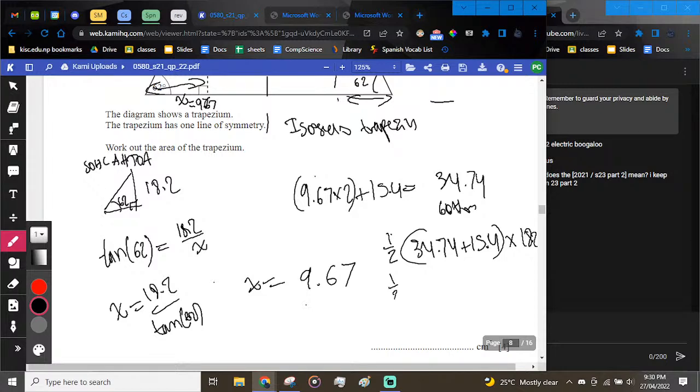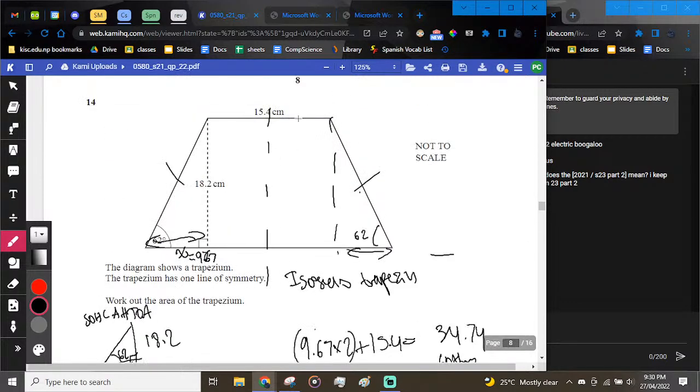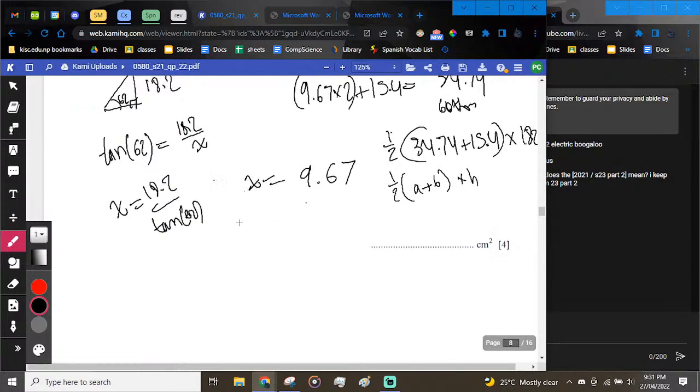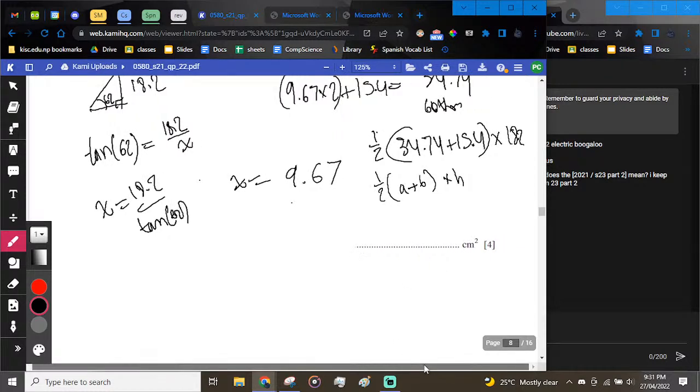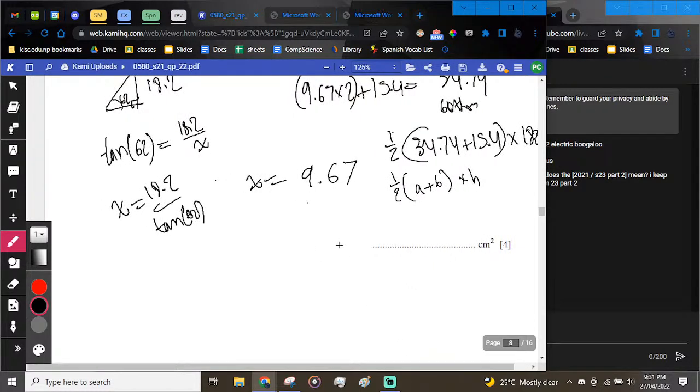Of course, the formula is half times A plus B times H, given A is that, B is that, whichever way around you prefer. 0.5 times 34.74 plus 15.4 times 18.2.